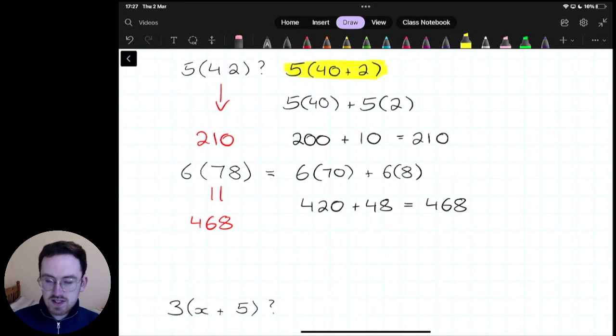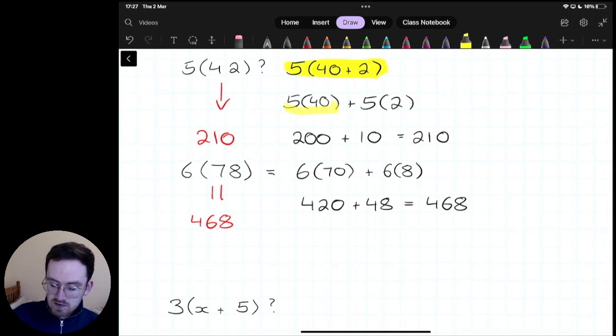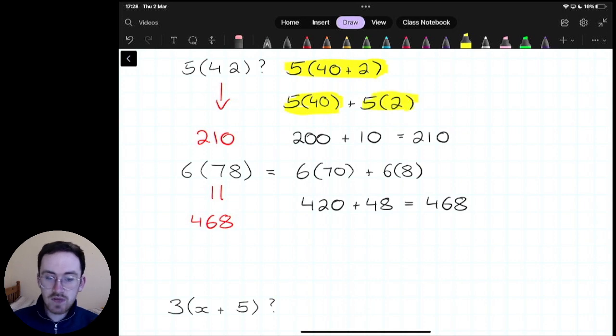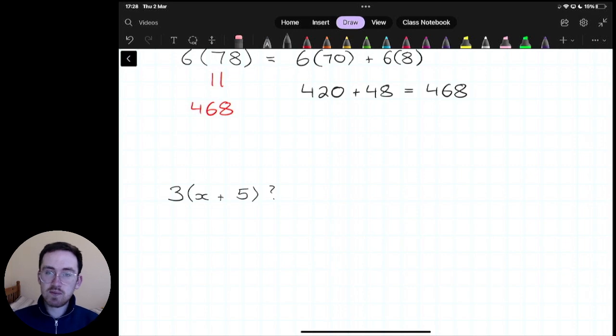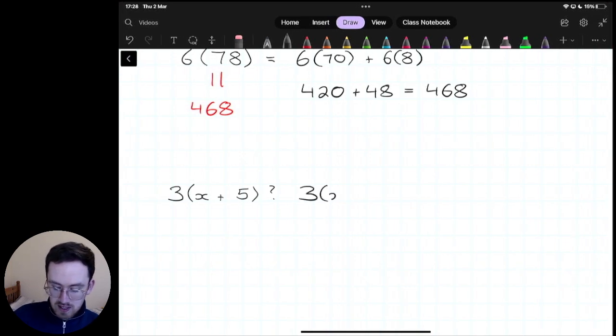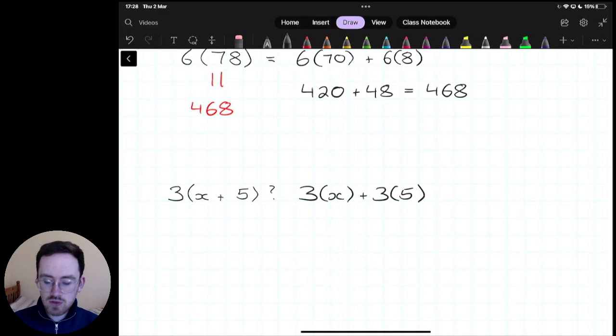The first step that we did was, instead of saying 5 multiplied by 40 plus 2, which was how we broke up the 42, we said that that's the same as 5 multiplied by 40 plus 5 multiplied by 2. So we can do the same thing here. Instead of 3 multiplied by x plus 5, we can rewrite that as 3 multiplied by x plus 3 multiplied by 5. Now where are all of those numbers coming from?